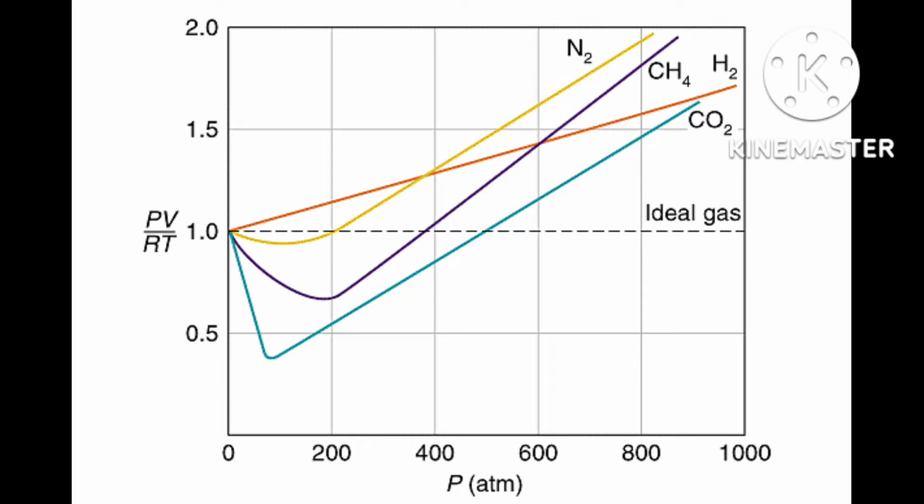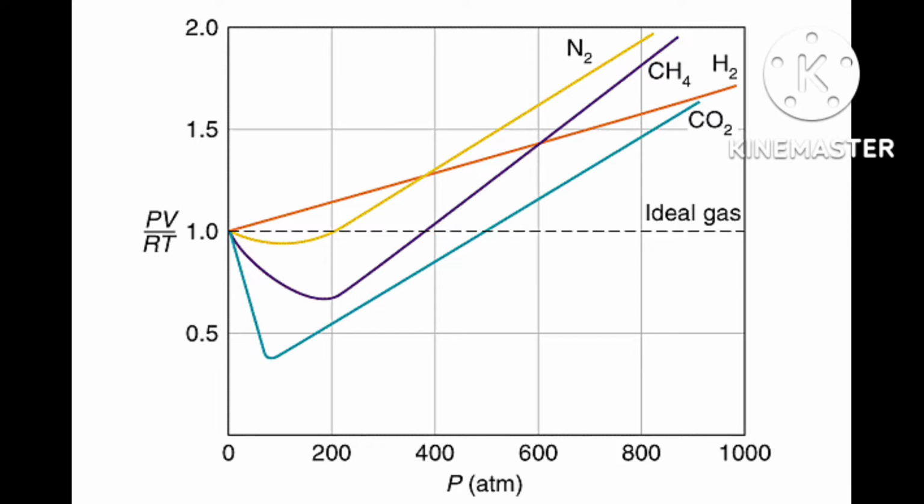This is important. At very low pressure, all gases show Z equal to 1 and behave as ideal gas. At high pressure, all gases have Z greater than 1. These are more difficult to compress. At intermediate pressure, most gases have Z less than 1.